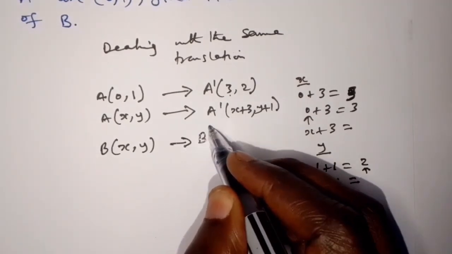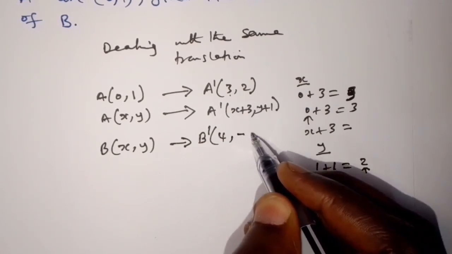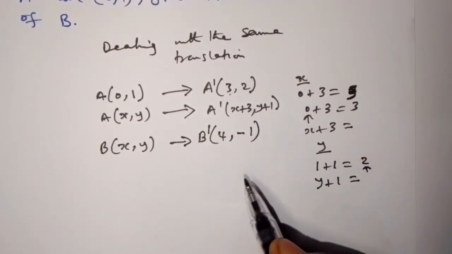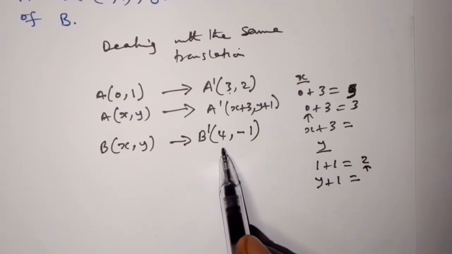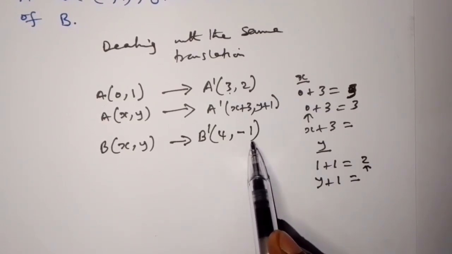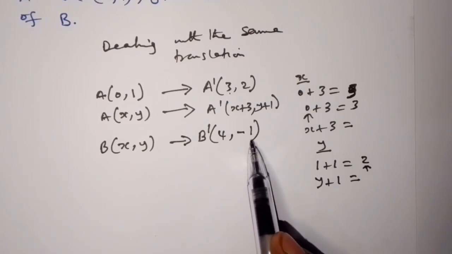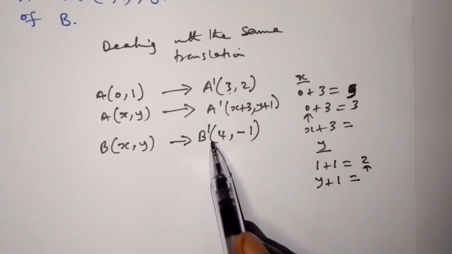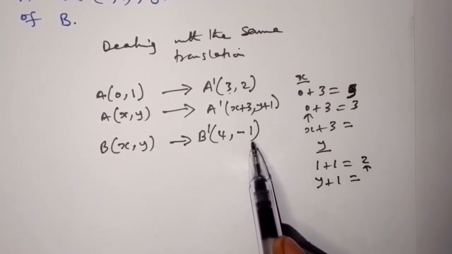B prime we have been given to be (4, negative 1): 4 for x, negative 1 for y. That is B prime (4, negative 1).